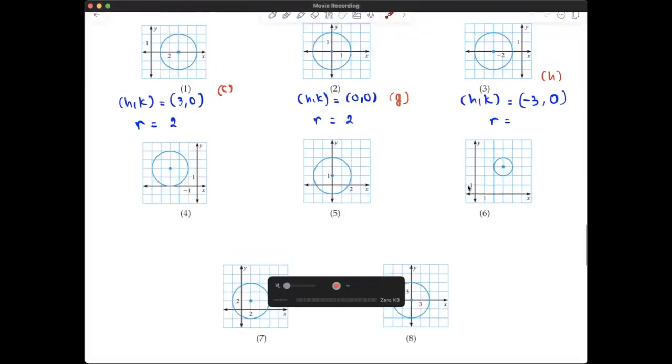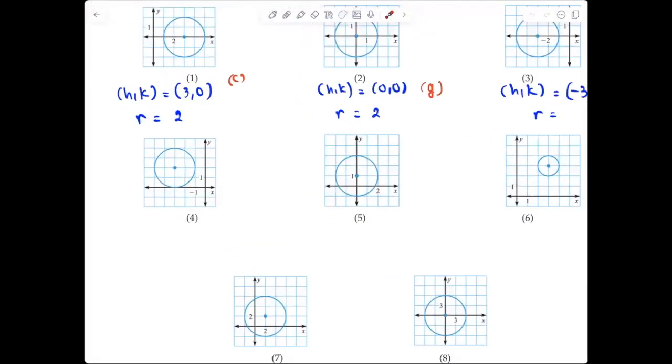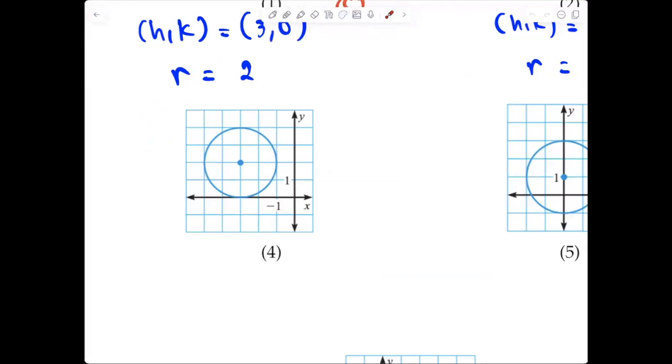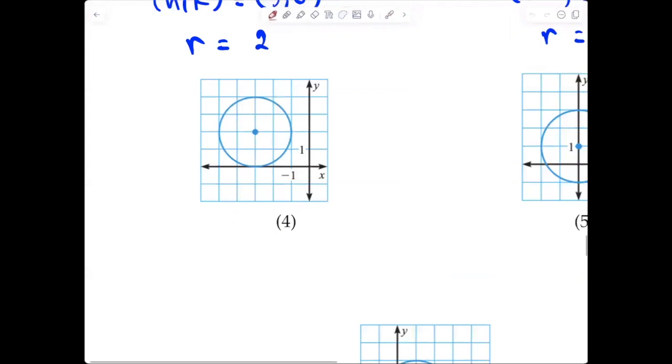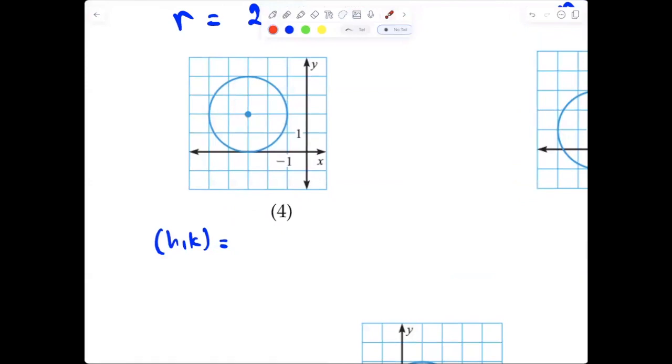All right, so we're going to move on to number 4. In this circle, again, you want to look for the center and the radius of the circle, and then write down the formula and use that to match up with the choices below. So the center of this circle, h comma k, is 1, 2, 3, so h is -3 and k is +2.